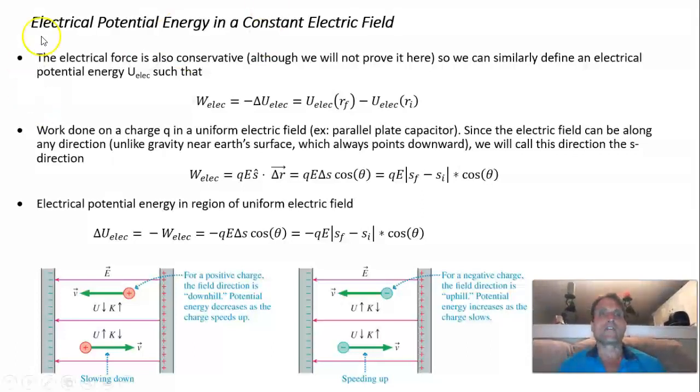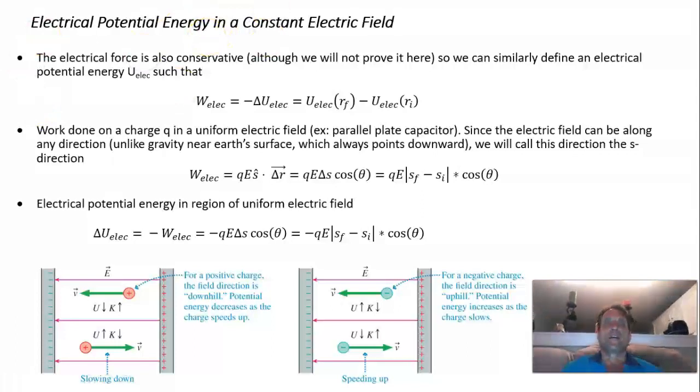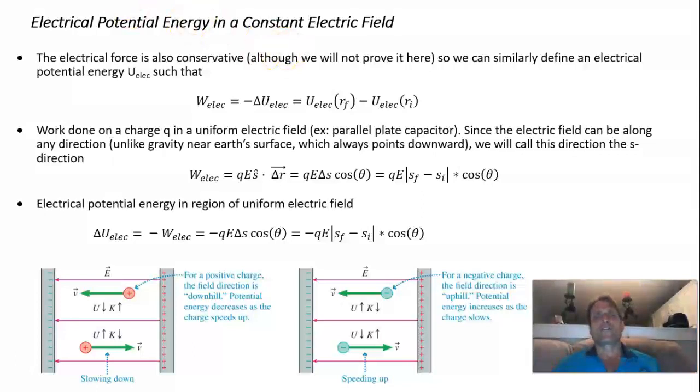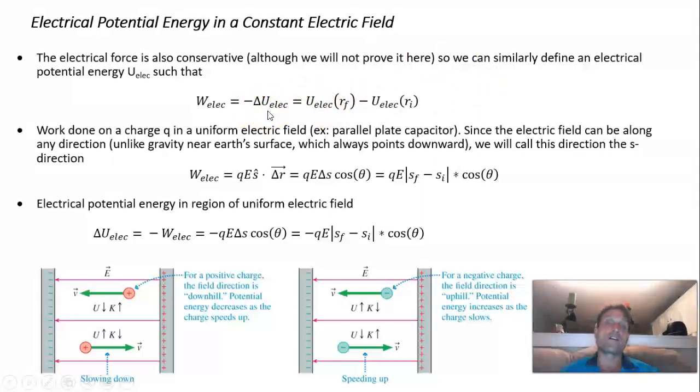Then we introduced this concept in the last lecture called electric potential energy, where we discussed that if you calculate the work done by the electric field in moving some charge over some distance delta r, the work is equal to the negative change in this quantity called the electric potential energy, okay?